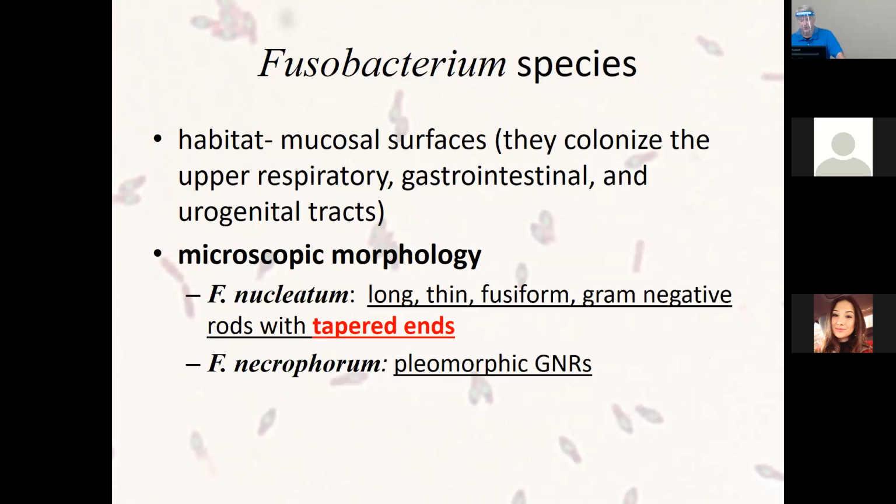Habitat, mucosal surfaces, has been our common theme pretty much all throughout the day. They colonize the upper respiratory, gastrointestinal, and urogenital tracts, kind of our theme of the day. Their microscopic morphology is very long, thin, fusiform gram-negatives with tapered ends, meaning they come to a point at the end. Necrophorum is a pleomorphic gram-negative rod, meaning it's flexible.